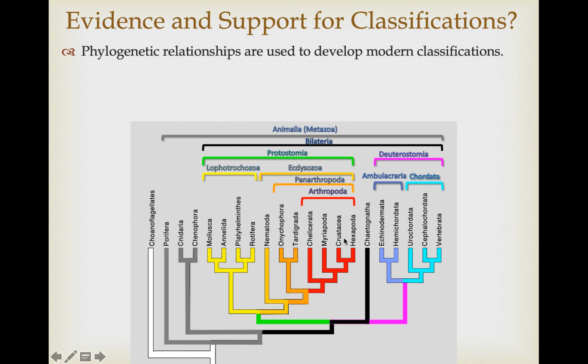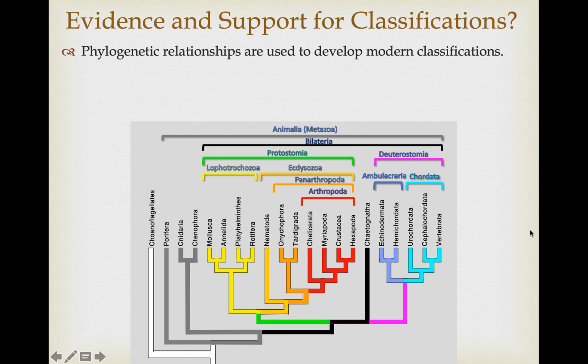So one of the clades shown here in red is the arthropods. If you look from this orange branch that includes the red ones, that is the Panarthropoda clade. And then outside of that, this mustard colored one here, we have an even more inclusive clade, the Ecdysozoa.